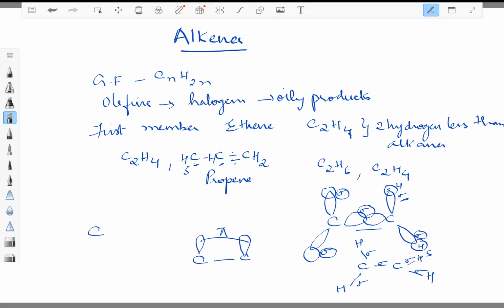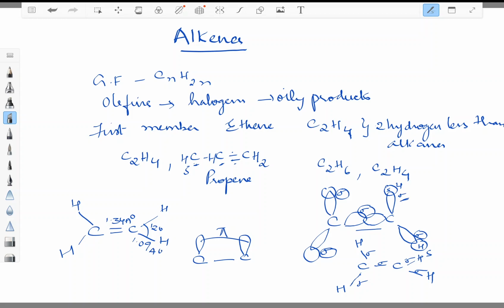We have seen the structure which has a 1.34 angstrom bond length. The bond angle is 120 degrees. The bond length of carbon and hydrogen remains the same for both alkanes and alkenes. We have seen, I think, till this point.